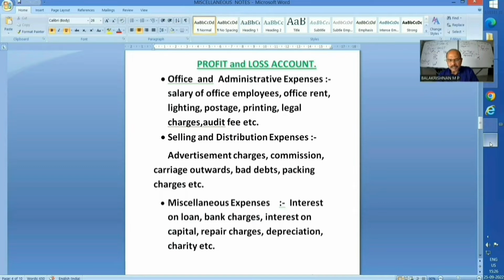Under office and administrative expenses: salary of office employees, office rent, lighting, postage, printing, legal charges, audit fees, etc. Selling and distribution expenses: advertisement charges, commission, carriage outwards, bad debts, packing charges, etc. Miscellaneous expenses: interest on loan, bank charges, interest on capital, repair charges, depreciation, charity, etc. To put it simply, any item not included either in office and administrative expenses or selling and distribution expenses.